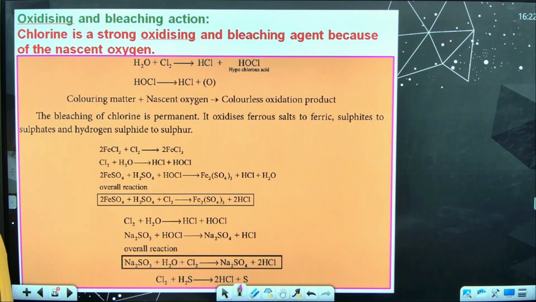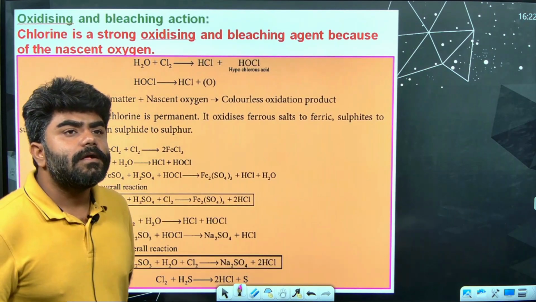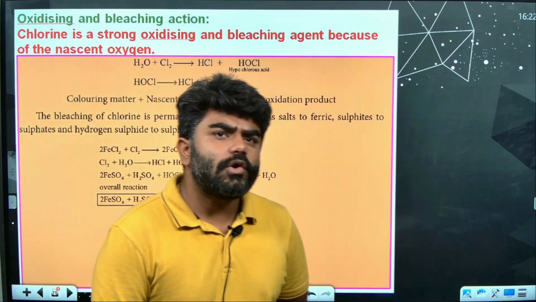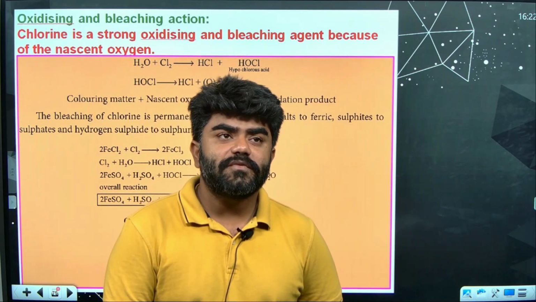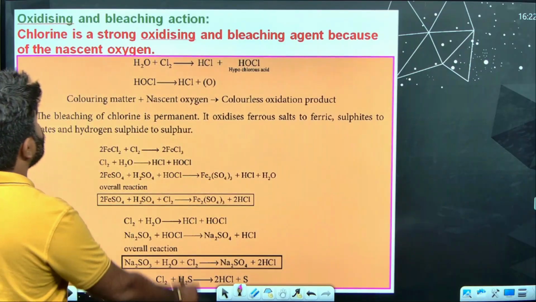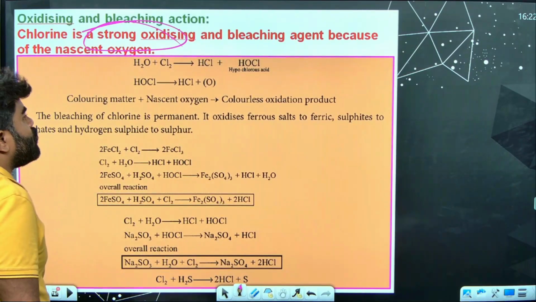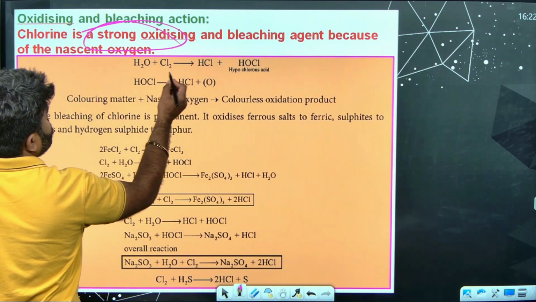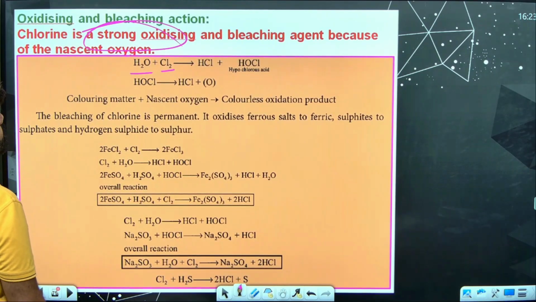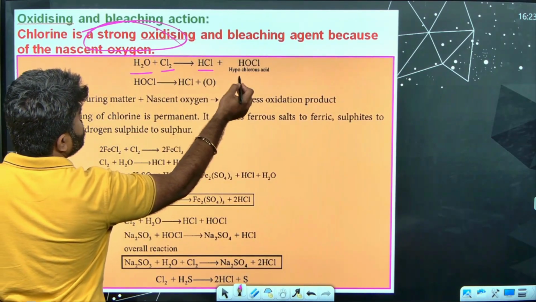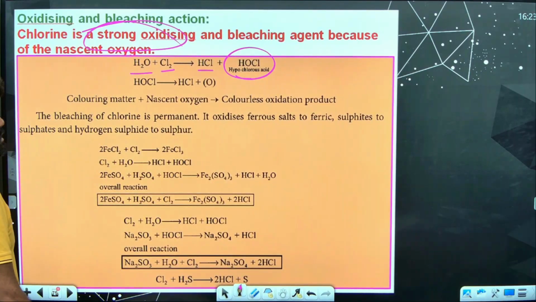Now we will see how chlorine acts as an oxidizing agent as well as a bleaching agent. So we know that chlorine is a very strong oxidizing agent. How do we say this? When chlorine is treated with water, we get HCl along with hypochlorous acid HOCl.